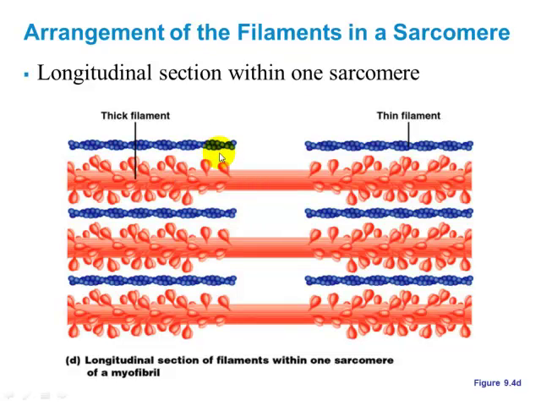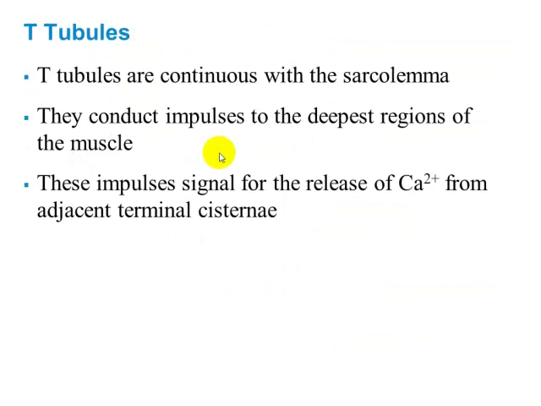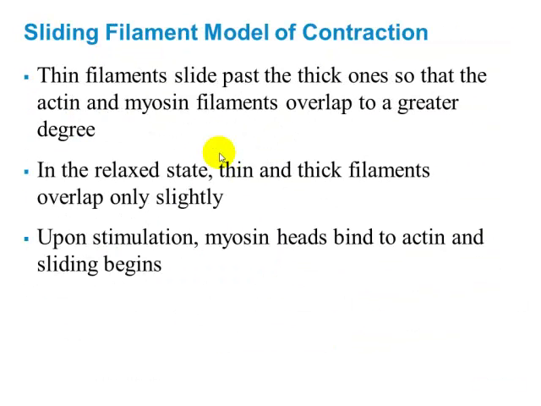What is going to happen in terms of how contraction occurs is we're going to see something called the sliding filament model of contraction. In the sliding filament model of contraction, the thin filaments are going to slide over the thick ones, and they're going to actually shorten the distance between the two thin filaments within the sarcomere and make the entire sarcomere contract.